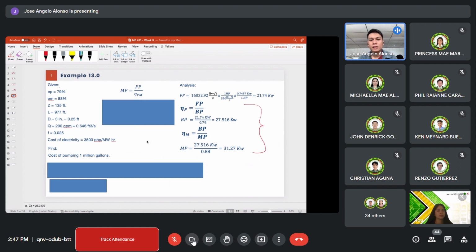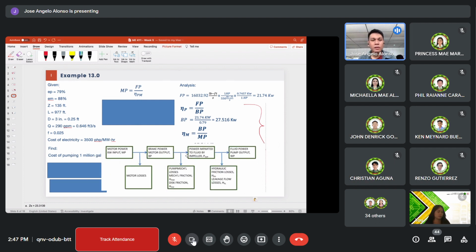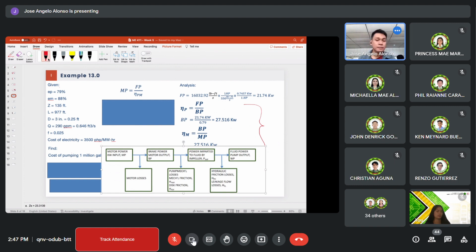So we know that the overall efficiency is just the product of the pump efficiency and the motor efficiency. So by comparison with earlier, from motor power directly to fluid power, this is what we call the overall pump efficiency.